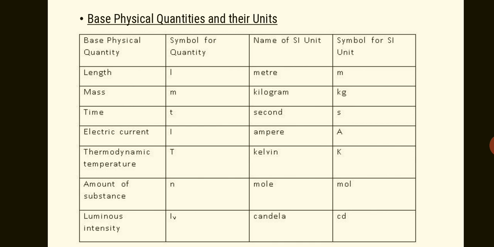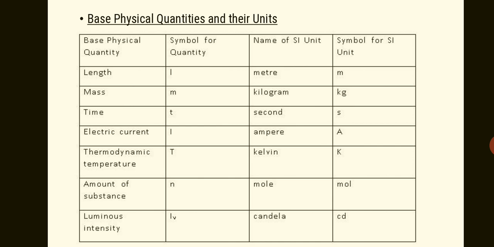It is also known as Avogadro number. In short, it is written as mol. The symbol for the SI unit is mol, mole. We'll see the mole concept in detail.